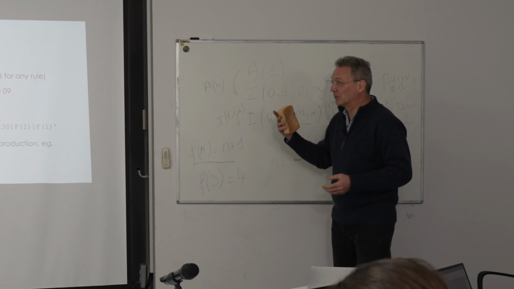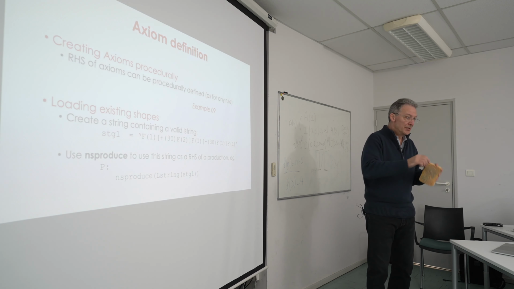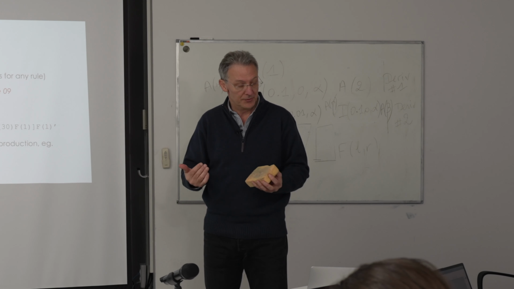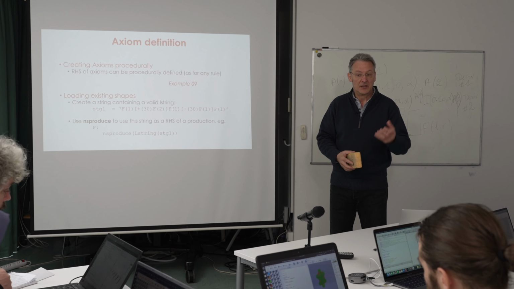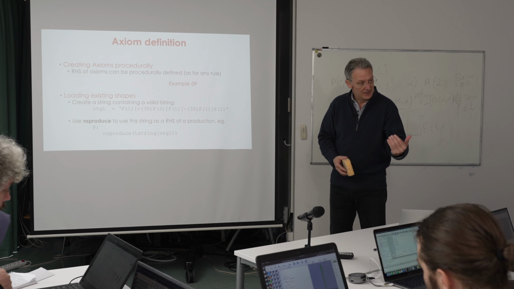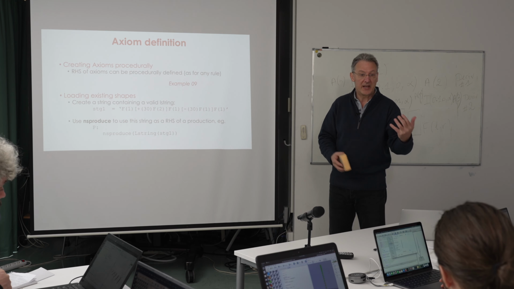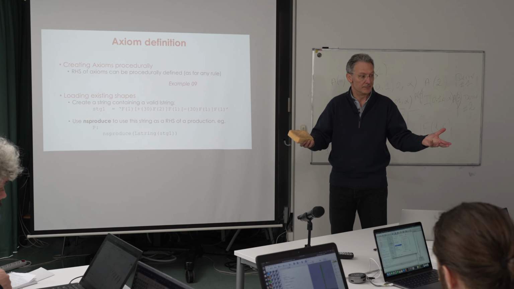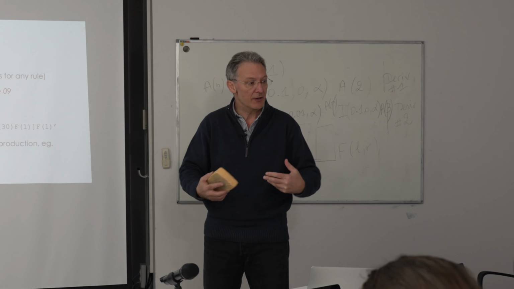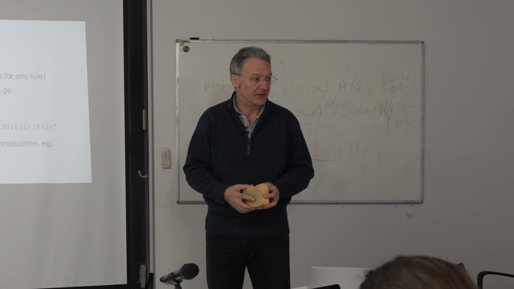So instead of putting just an L-string, you could use the axiom as a production rule itself. In this case, the production rule will be interpreted at the very first step, before the first step, and will create your scene. So this is a very powerful way of creating your initial state of the data.